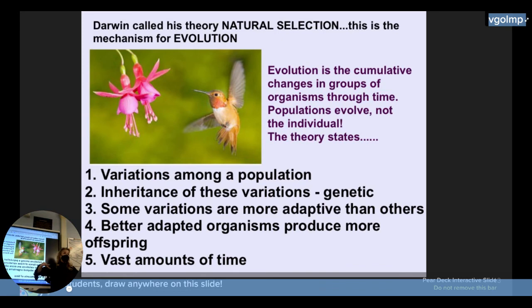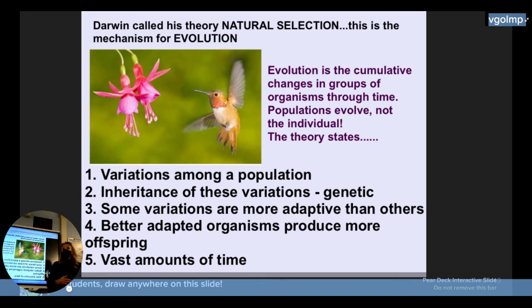And those variations that make you best fit for the environment, those are called what? Adaptations, right? Some adaptations, if they're heritable, if they're in your DNA, better than others, over time, those are going to increase and others are going to what? There you go. And that slow accumulation over time, that change in allele frequencies, that's going to be natural selection.